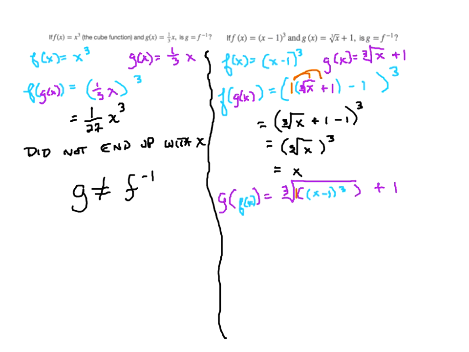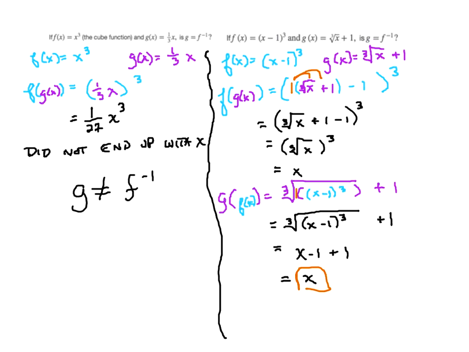There is an understood 1 here that gets multiplied by that cubic on the inside. So this is just the cube root of x minus 1 cubed, and then on the outside, plus 1. Okay, the cube root of anything cubed is just that thing. And so I have x minus 1, and then I have plus 1, which leaves me with x.